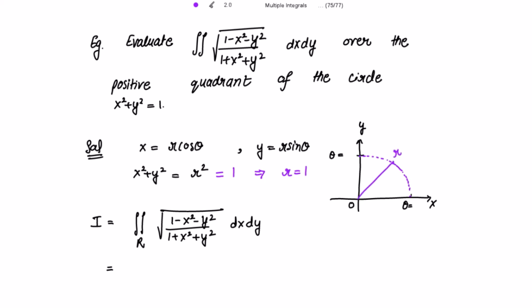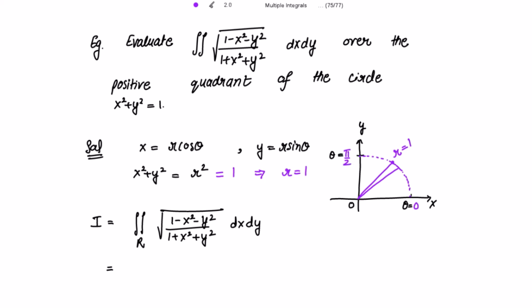So suppose this is your r equal to 1, and I'm making this wedge that will describe that r varies from 0 to 1. The r equal to 1 is the distance from the origin to this point. So r is varying from 0 to 1, and theta varying from 0 to pi by 2. Why pi by 2?